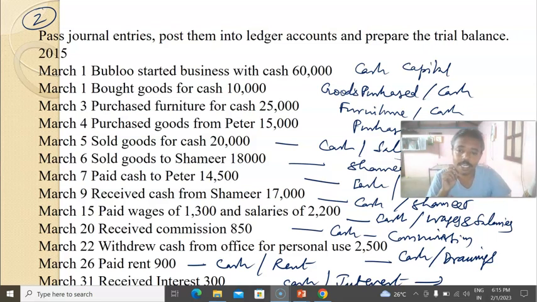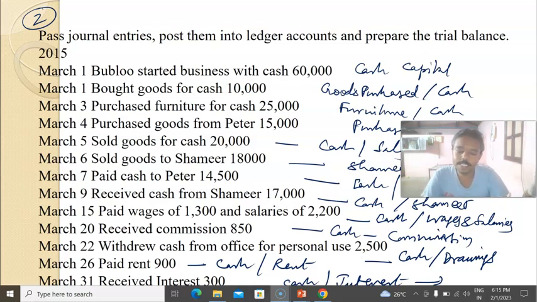Goods purchased account is a real account, Peter account is a personal account. Real account rule: debit what comes in. When you buy the goods, they come in. So purchases account debit, and then personal account, credit the giver. Peter is the giver, credit the giver.